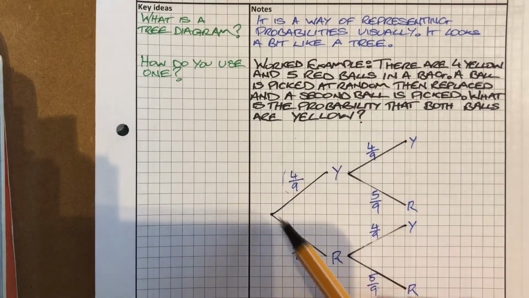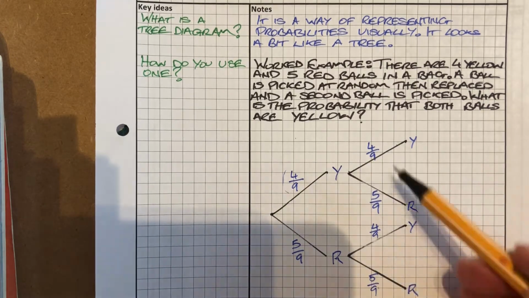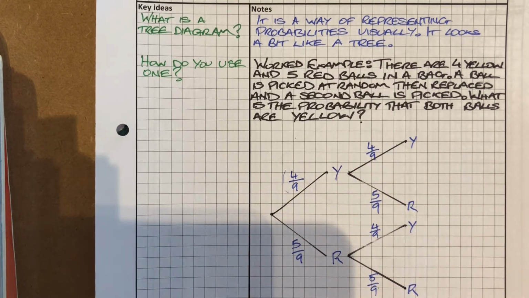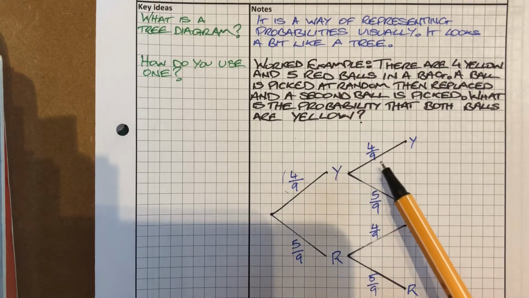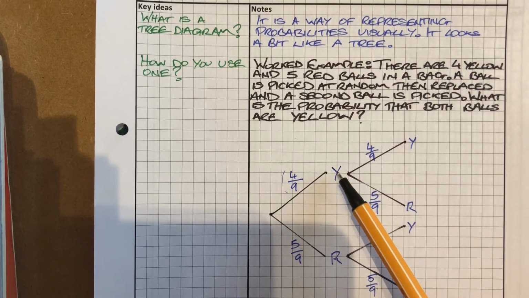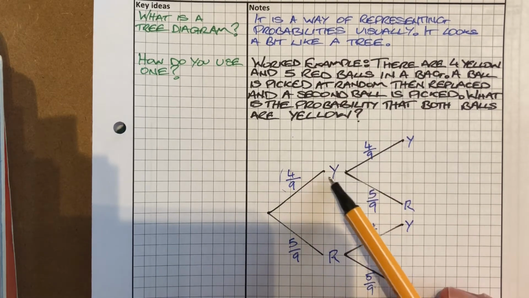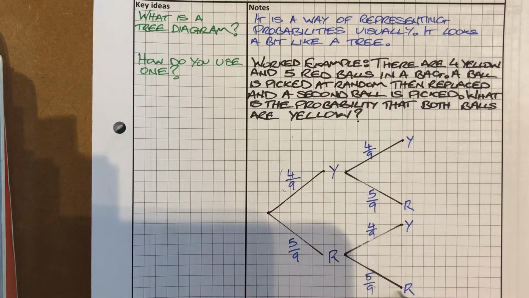Now, we've got 1, 2, 3 forks here. 1 fork to represent choosing the first ball, and 2 forks to represent choosing the second ball, because we might be choosing a second ball after initially getting a yellow, or we might be choosing a second ball after initially getting a red.